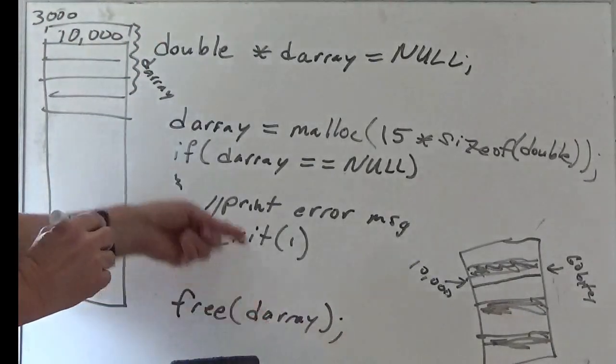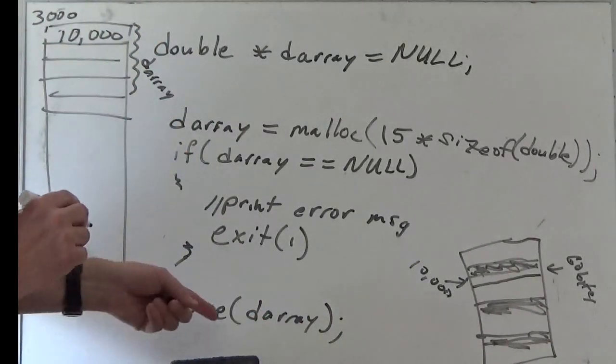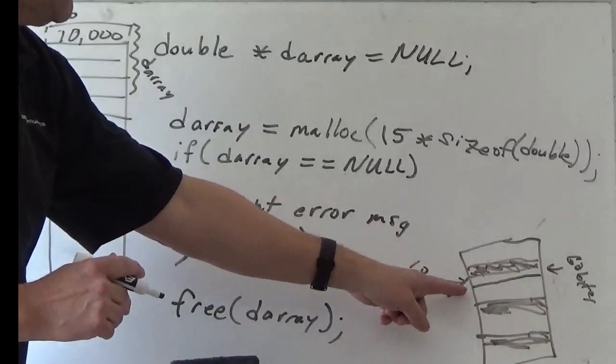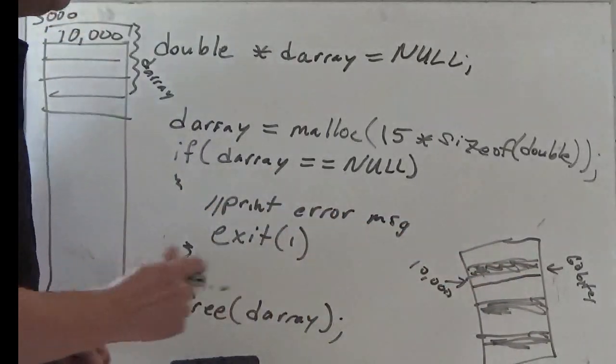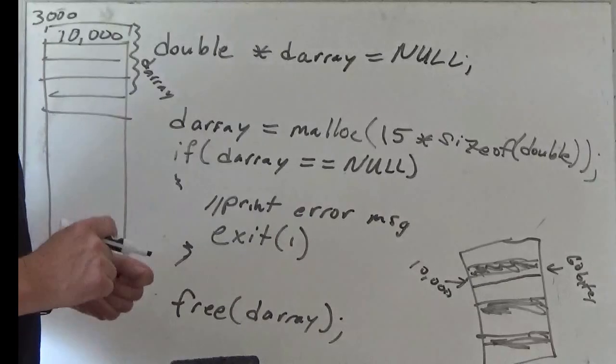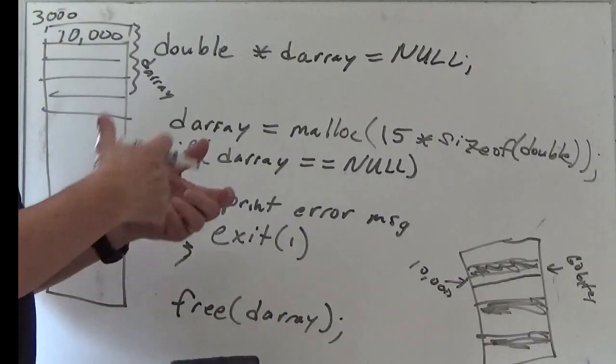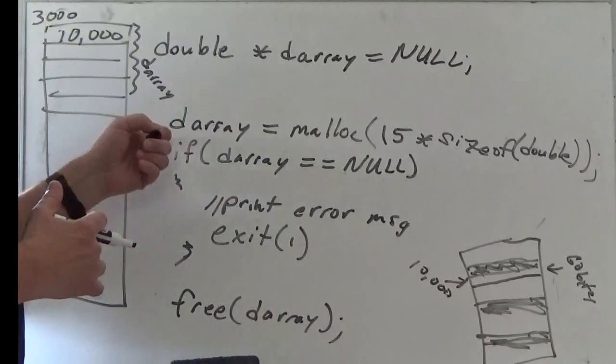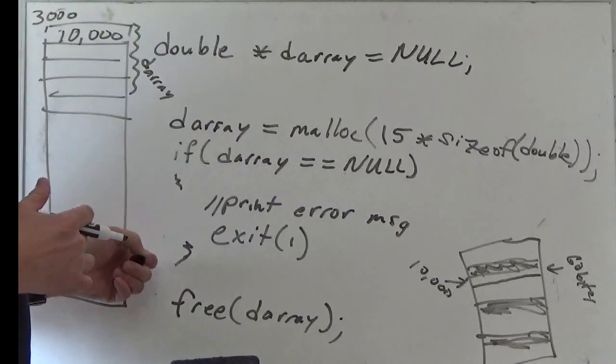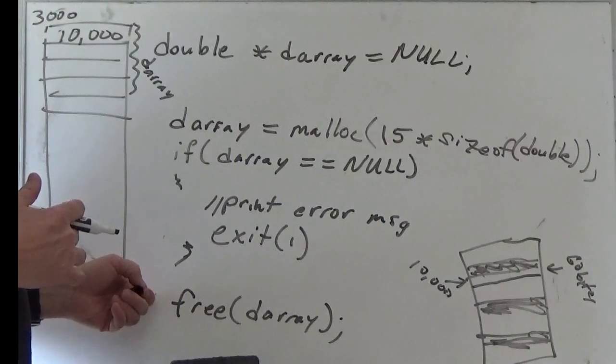In this case, it's going to be free memory address 10,000. That memory that was allocated for your program is now freed up for some other process. This is something you always want to do: for every call to malloc, there should be a corresponding call to free.